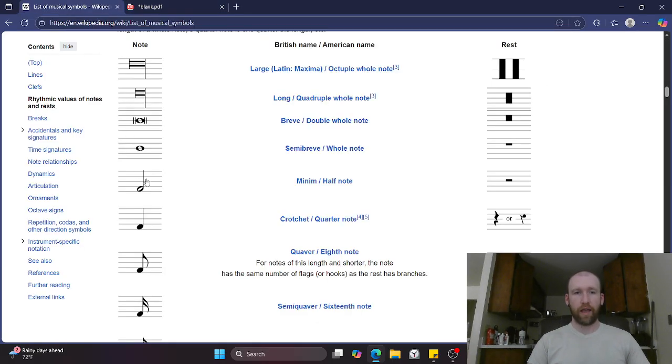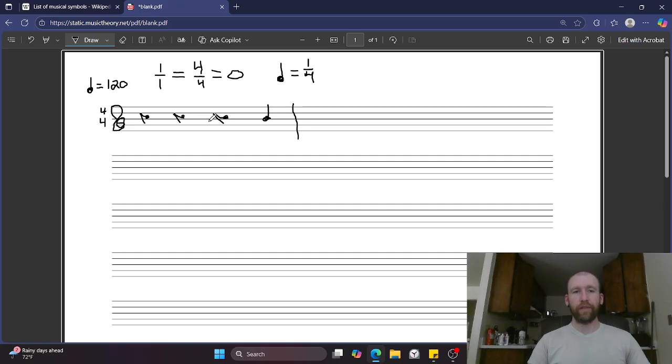This is a half note. I could have, instead of dividing this measure up into fourths, divided this measure up into 2 halves. 2 halves is equal to 2/2. 2/2 is equal to 1/1. 1/1 is equal to 4/4. So I could have done 2 halves in here.